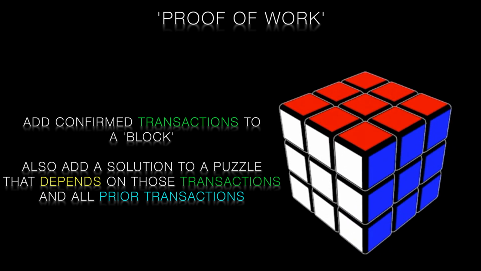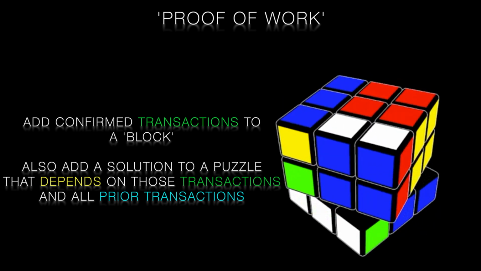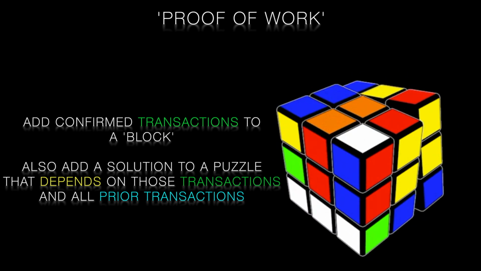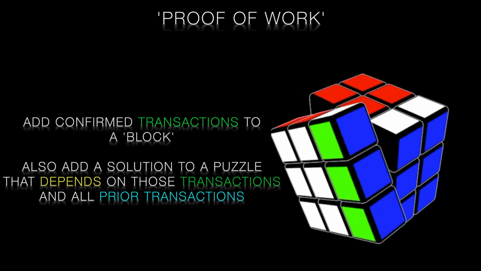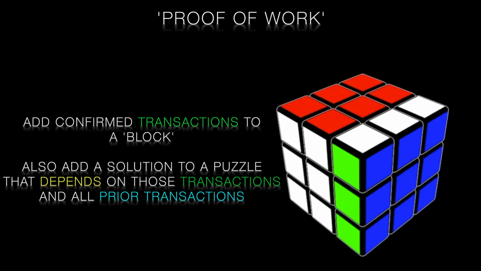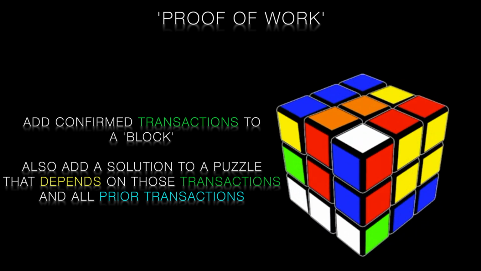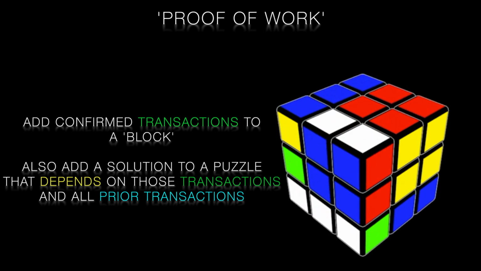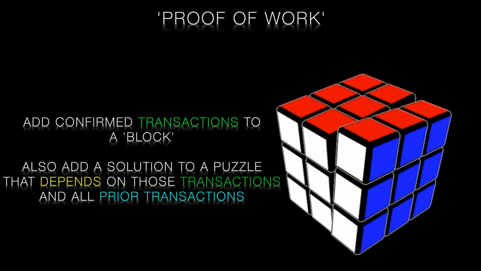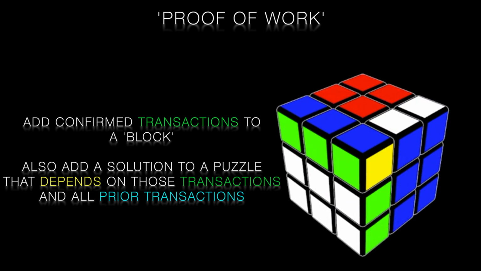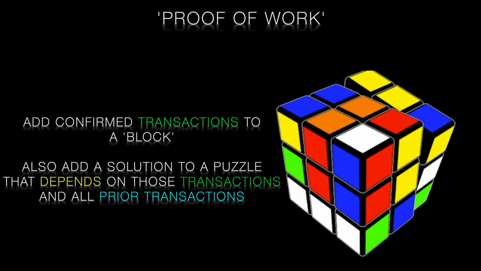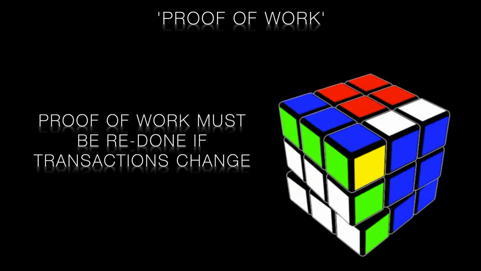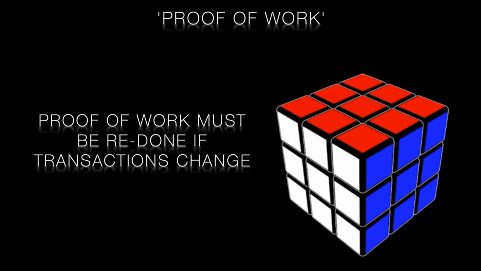This proof of work must depend on the content of the new transactions and all prior transactions, as well as take a lot of computing time to solve. But the proof of work must also be trivial and instantaneous to check once the answer is known. If something is difficult, if it takes a long time and a lot of resources, then it's something you won't want to redo.